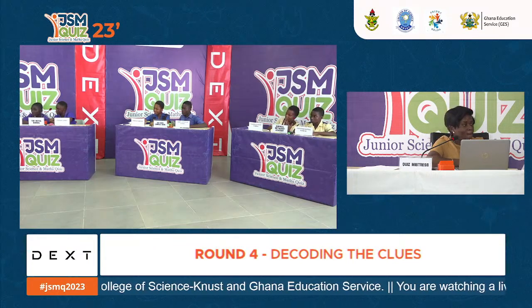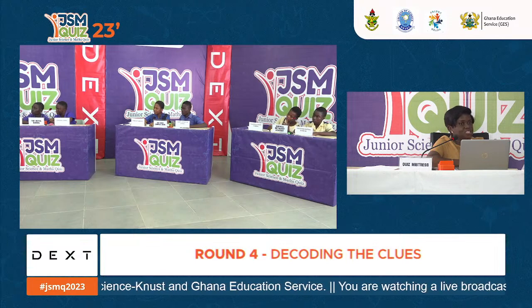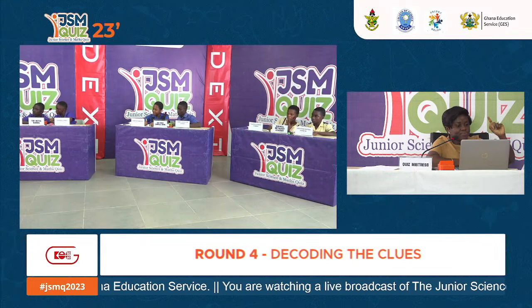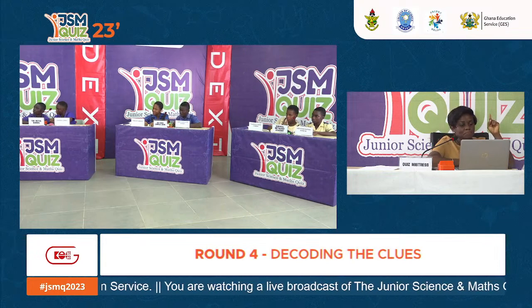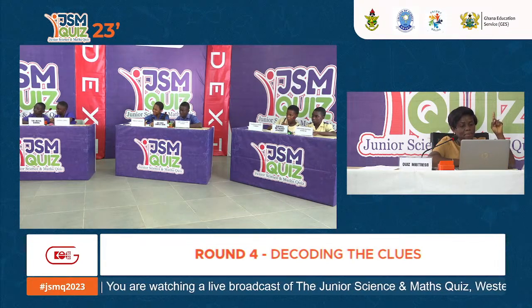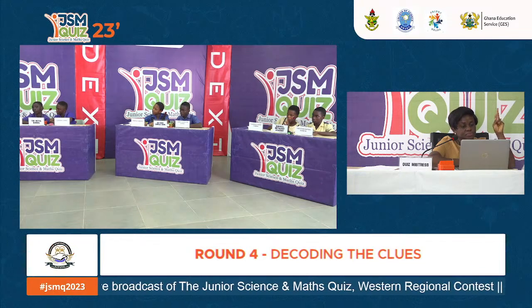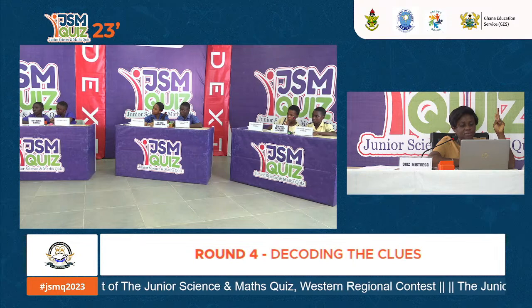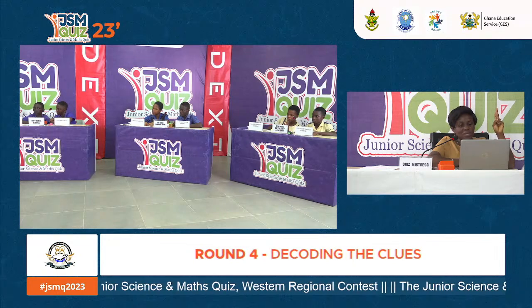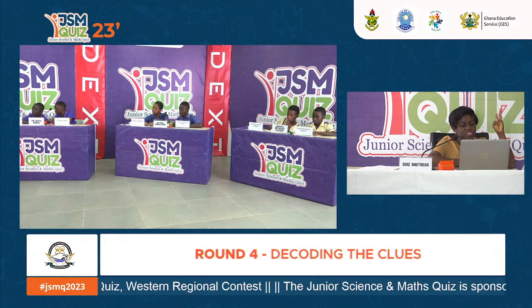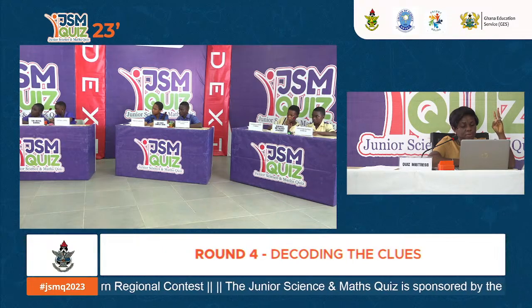Set 4. Ready? Good. I am a remarkable organ in humans. I am nestled safely within your circular casing. I hold the secrets of your dreams and memories.